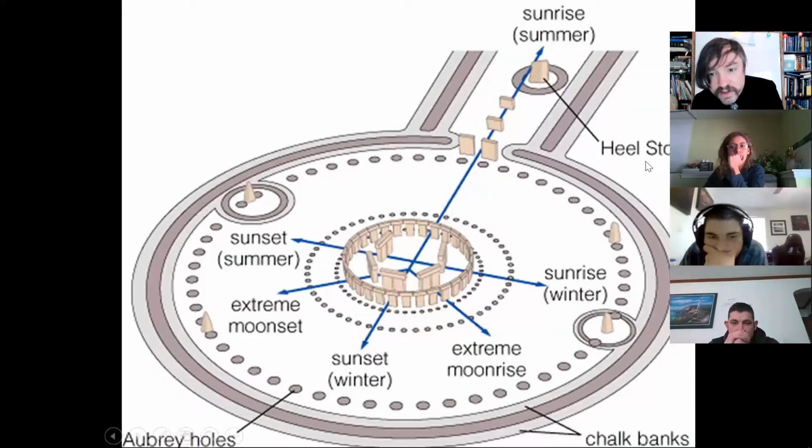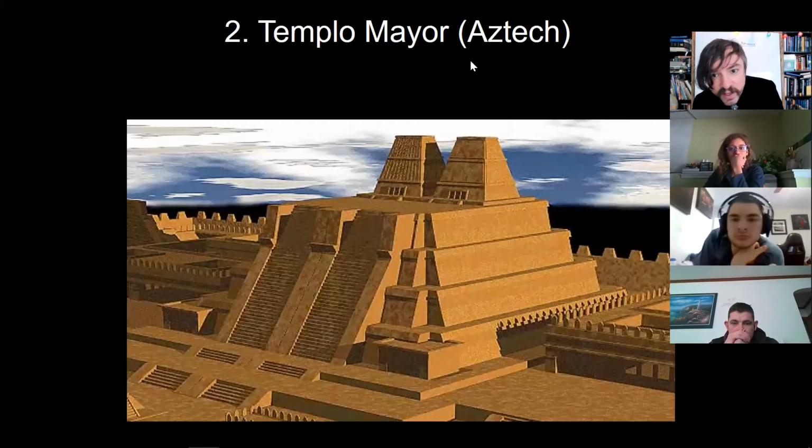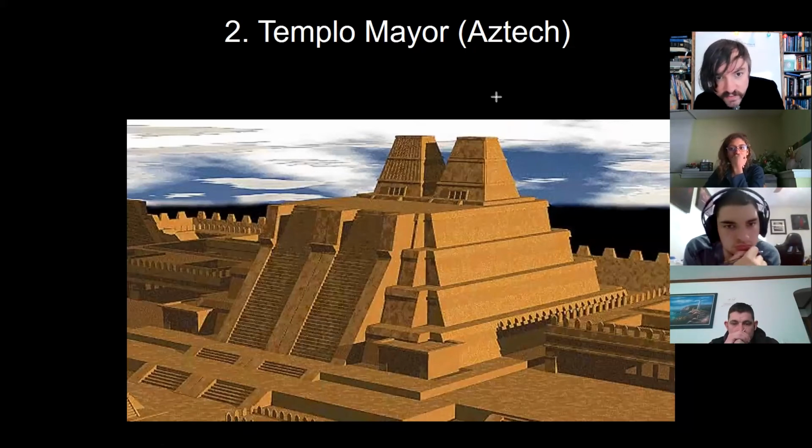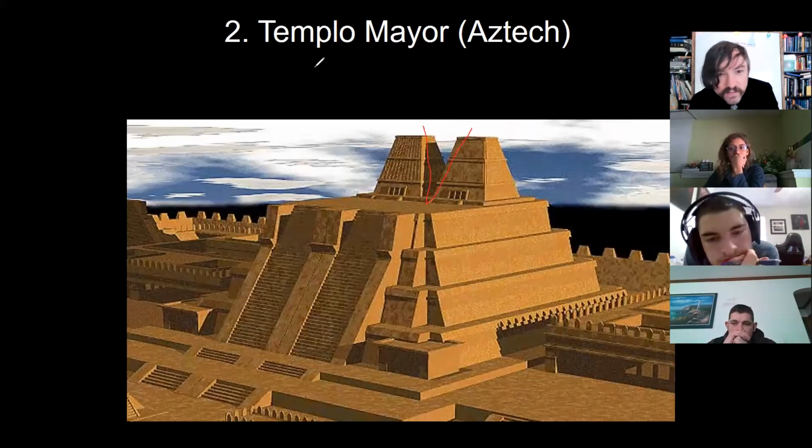We see other examples of astronomy happening around the world. Let's take the ancient Aztec city of Tenochtitlan, where their central temple, called Templo Mayor, was constructed such that their two towers bracketed the sunrise on the day of the spring equinox.